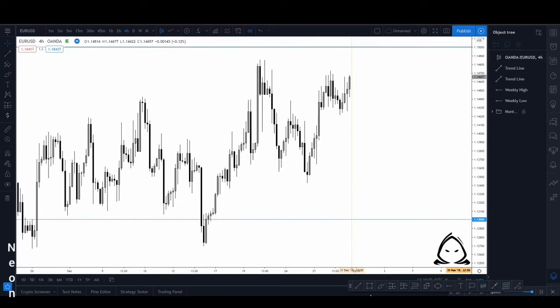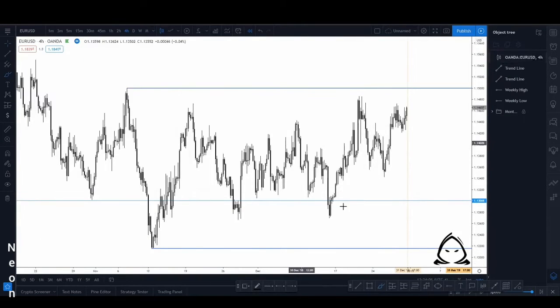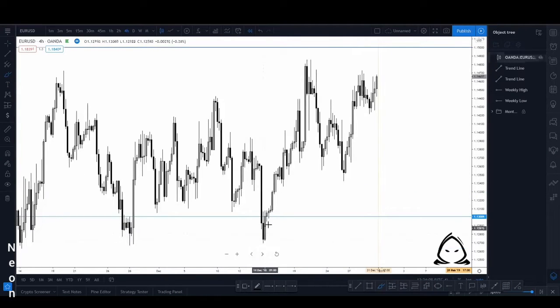So what we can see, we have created a bit of complex structure within this daily chart, but we've created an impulsive move to the upside, created a low, we broke this high here, and then we broke this high here, so we're trading in this overall range.